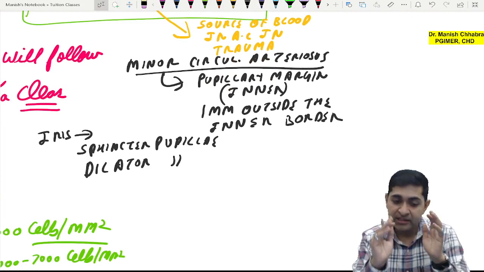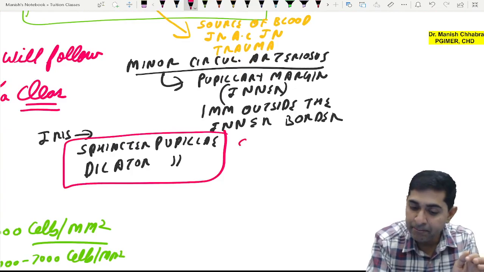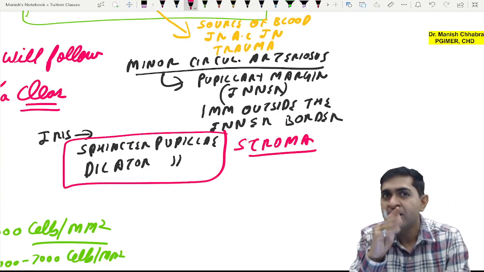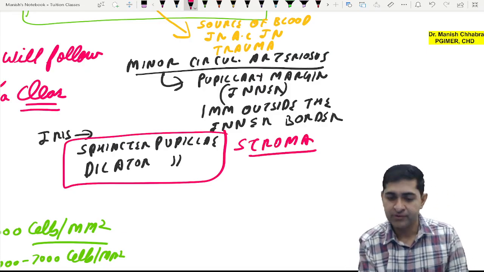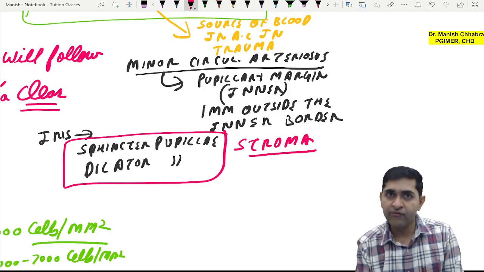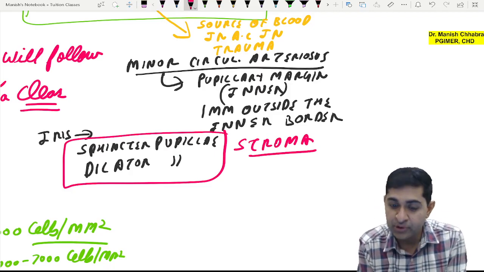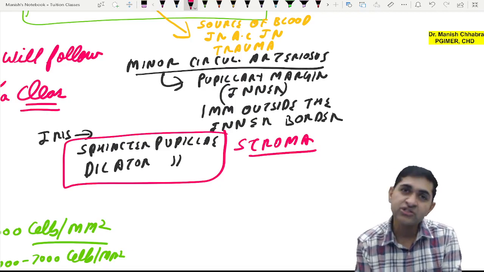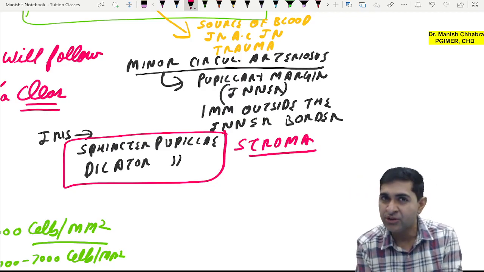Now the sphincter and dilator pupillae are actually present in the stroma of the iris. Can you tell me what is the derivative which is forming sphincter and dilator pupillae? You will say, sir, it is in stroma, stroma is formed by mesenchyme, so it has to be mesenchymal in origin.